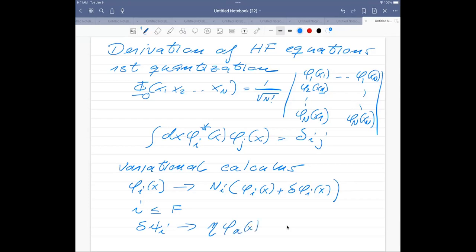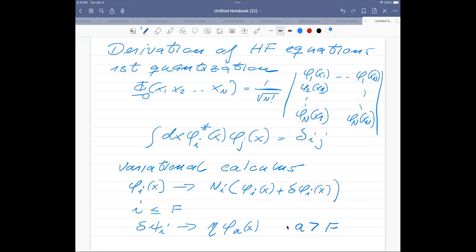So we are bringing in a component to the wave function so that we actually change this wave function. Because if we were to change it with the states in the Slater determinant, then the orthogonality requirement would actually lead us nowhere here. So a, if we remember that one, is larger than F here.